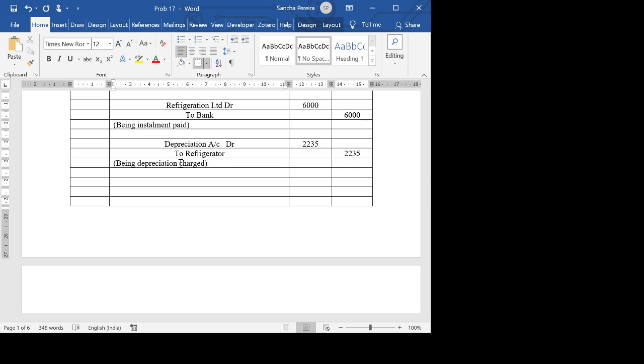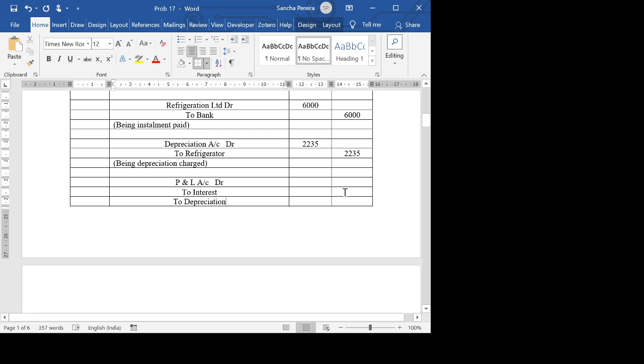Okay, so we have already shown the entry. The next thing is, as usual, we need to transfer both depreciation and interest to the profit and loss account. If you remember, both are expenses for the buyer. So profit and loss account debit to interest and debit to depreciation.